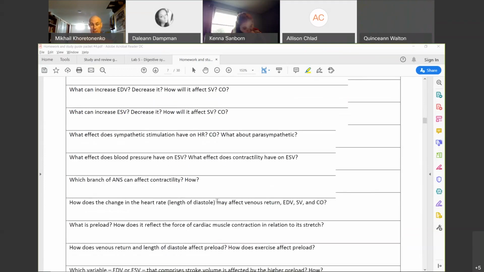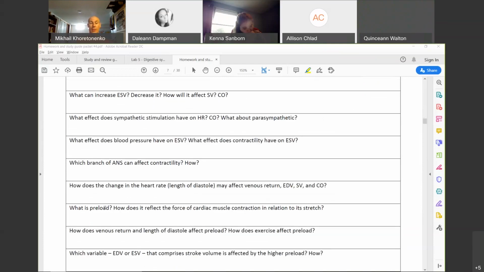So length of diastole. If you have longer diastole, the heart has more time to fill up with blood. That increases venous return. It increases end diastolic volume, stroke volume, and cardiac output. So preload is the ability of the heart to contract harder when the cardiac muscles are stretched more.